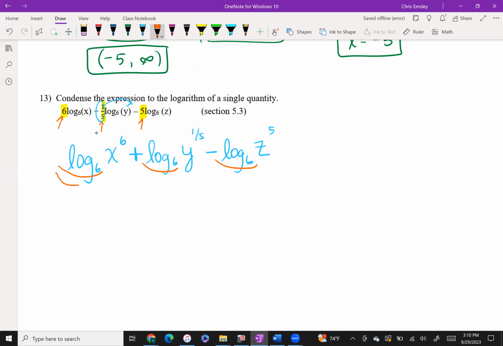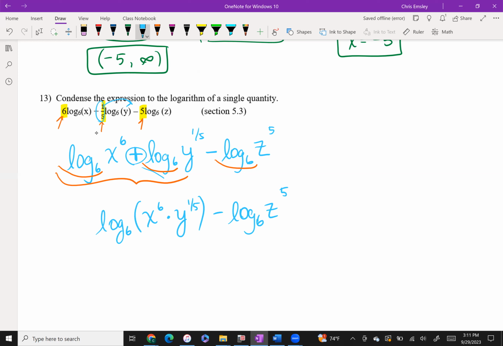Now, the sum of two logs is equivalent to the product of those logarithms. So since these are both log base 6, this is equivalent to x to the 6th times y to the 1/5 minus log base 6 of z to the 5th. So we combine those first two, the plus becomes multiply.